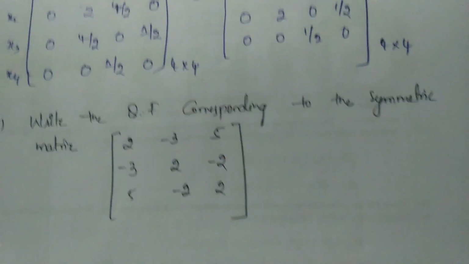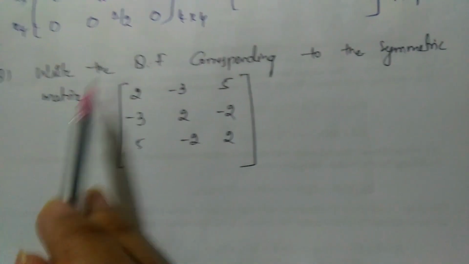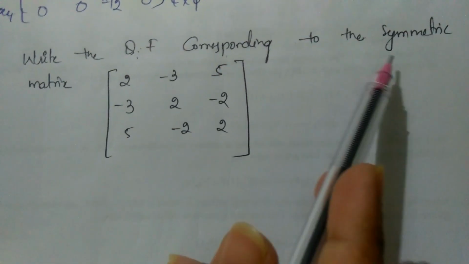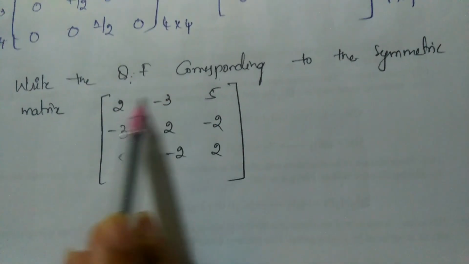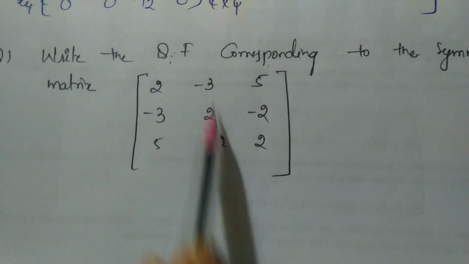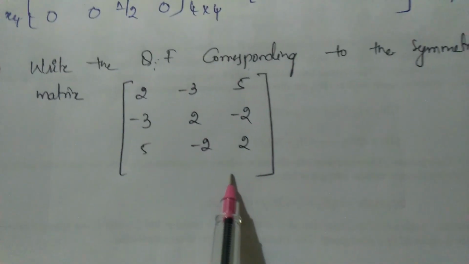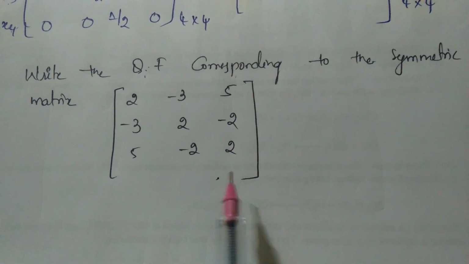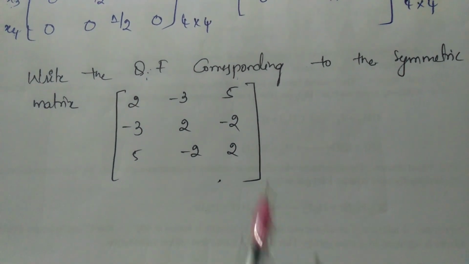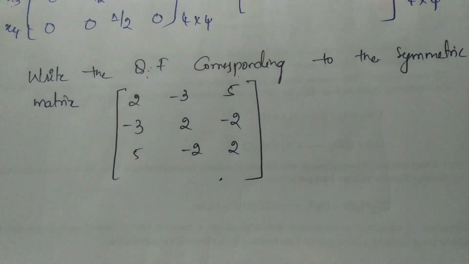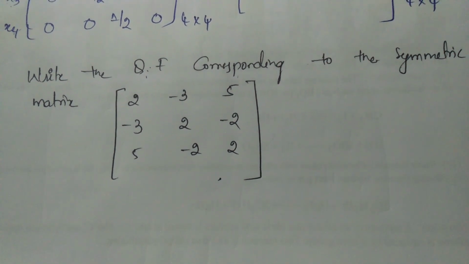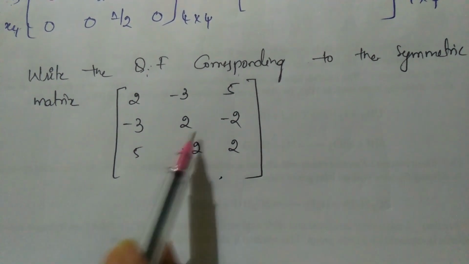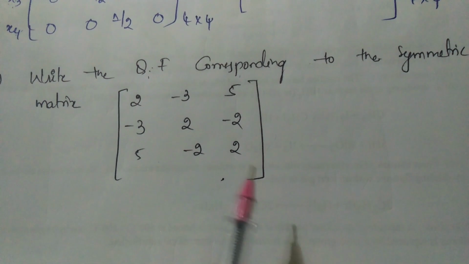And now we see the next problem: write the quadratic form corresponding to the symmetric matrix. The symmetric matrix is given here, and we have to write the respective quadratic form. The matrix is 2 minus 3 5, minus 3 2 minus 2, 5 minus 2 2.